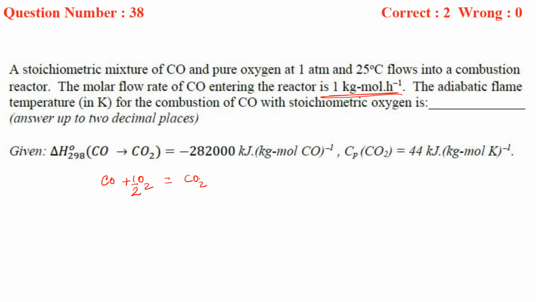Now the delta H 298 is given as minus 282,000 kilojoule per kg mole of CO. So delta H naught 298 is given. This is the energy which will be liberated, and this will increase the temperature, right? This will increase temperature by how much?